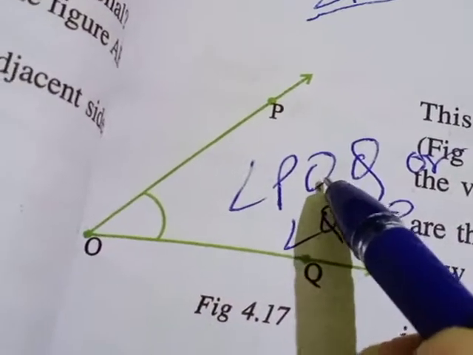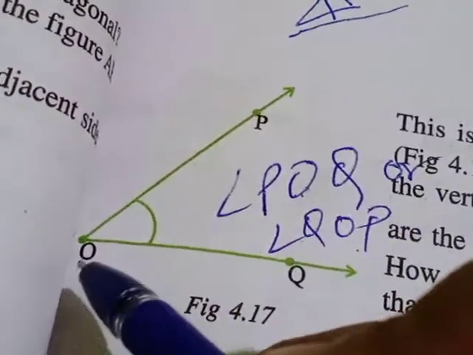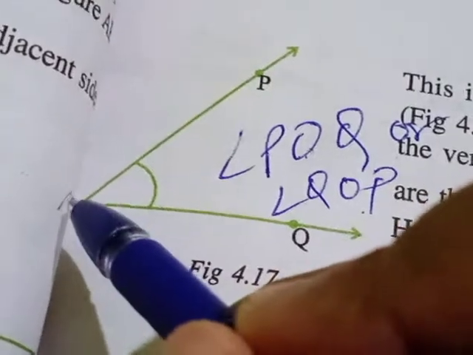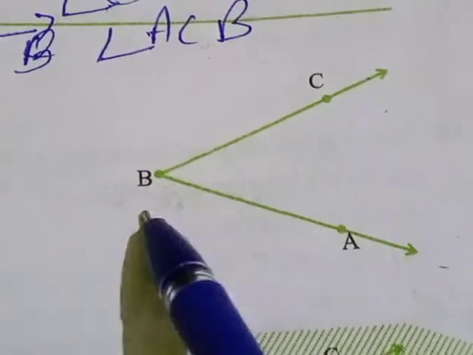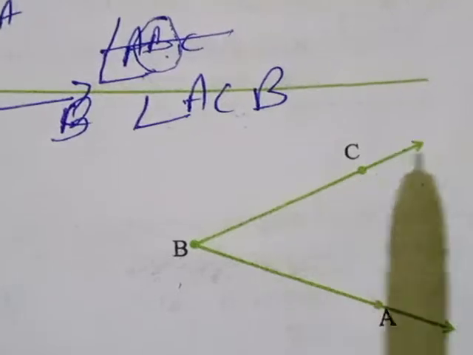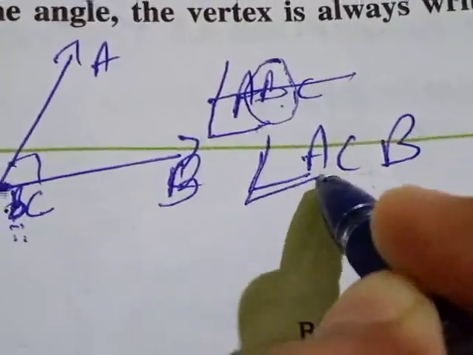And always the vertex is written in the middle. We cannot say OPQ. The vertex can never be said at the start. The vertex is always in the middle. Clear? Same here also, CBA or ABC, with the symbol of angle. What is the symbol of angle? Like this we show the angle always.